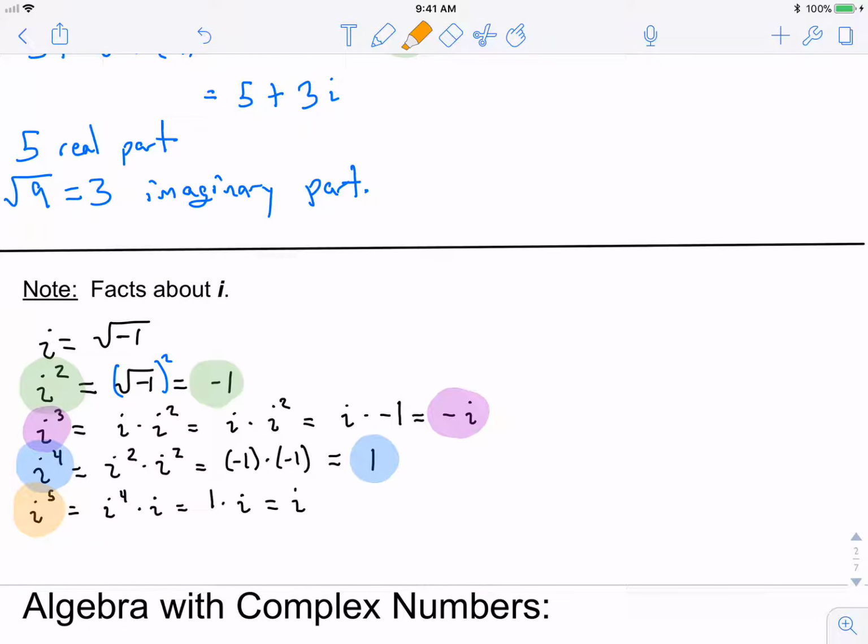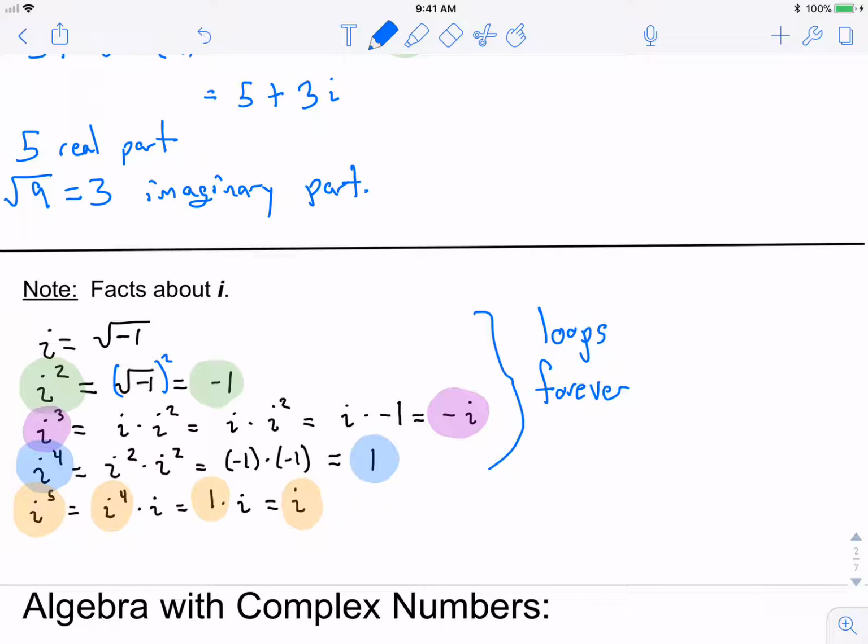We can write i to the 5th as i to the 4th times i. i to the 4th is 1, so 4 of our i's go away, and we're just left with i again. So this pattern loops forever. We can always simplify our imaginary parts to be either i squared, i cubed, or i to the fourth.